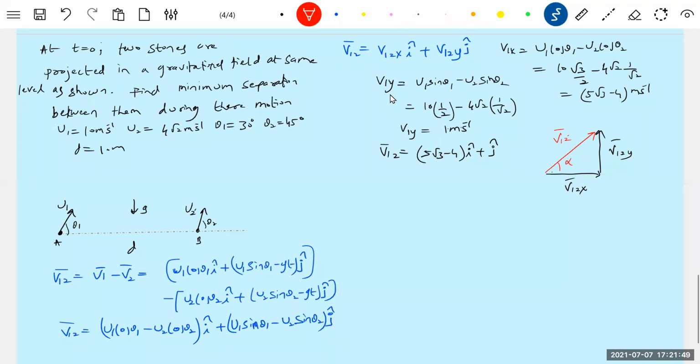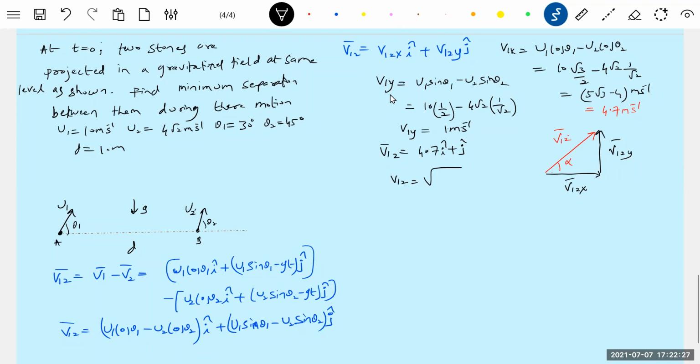Anybody, the value of V12 magnitude? 5 root 3 minus 4. If you simplify this it will be better, I think. 4.7 i cap plus j cap. Magnitude 4.7, sir. Then how come both are the same?